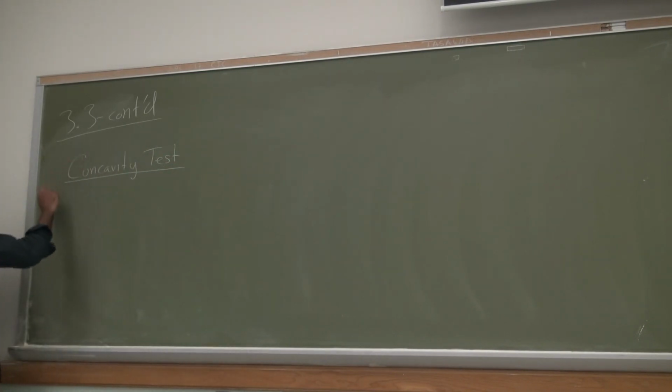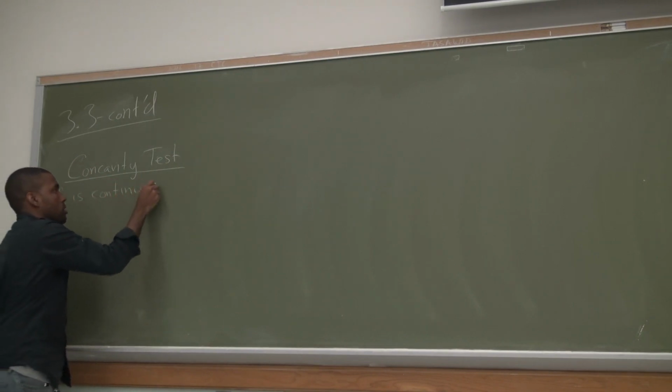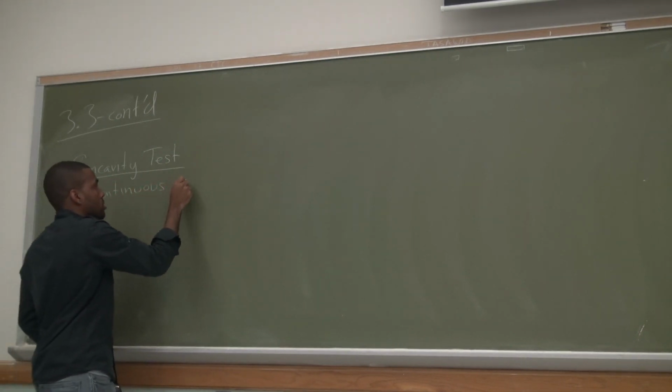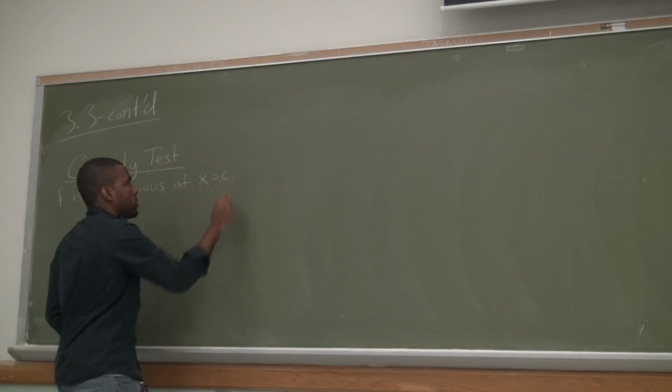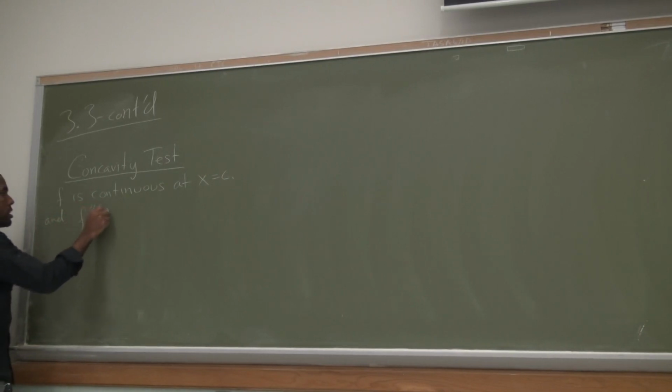So, suppose your function exists at x equals c, and the second derivative at that point equals 0.